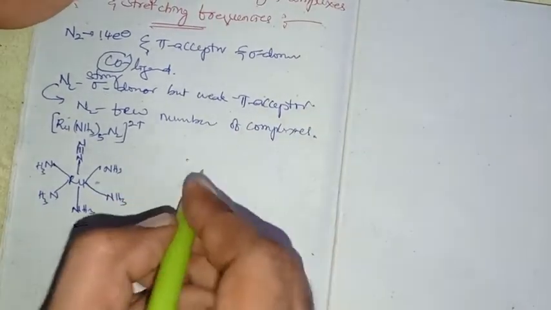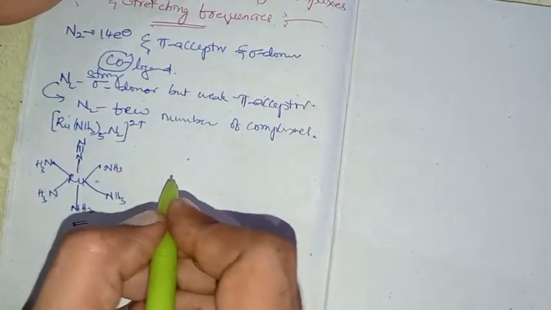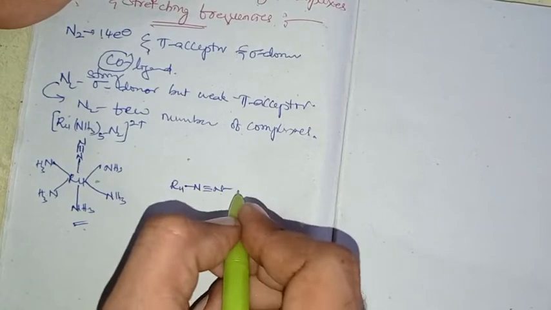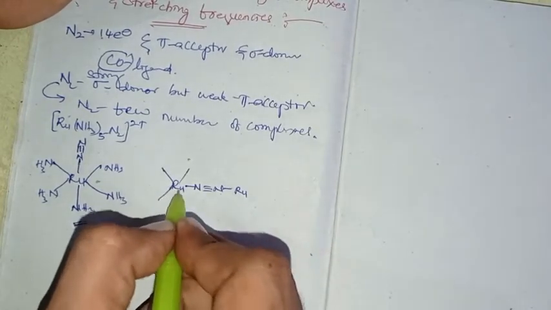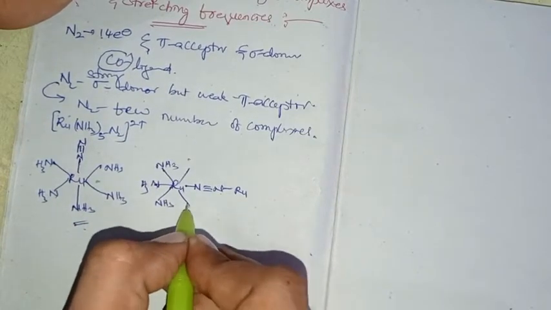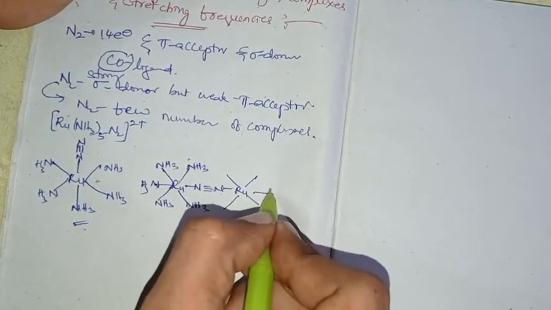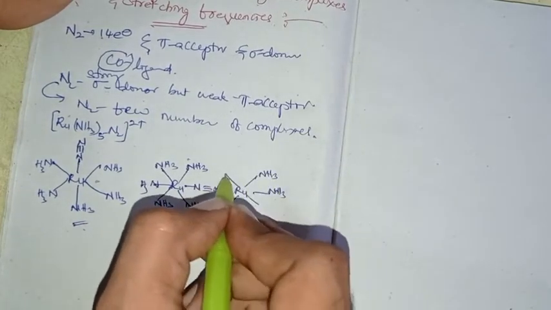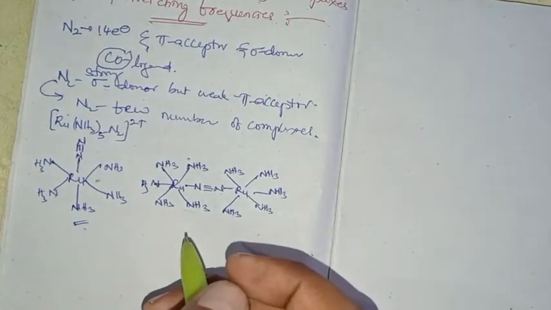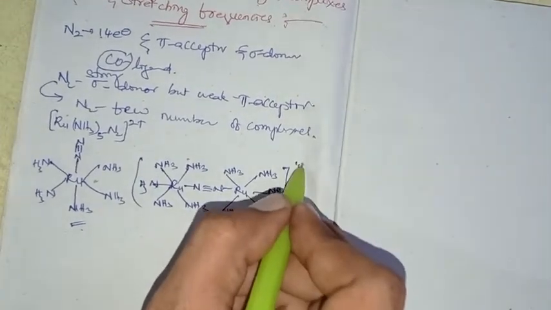Its dimer also exists, the decaamine diruthenium dinitrogen complex.